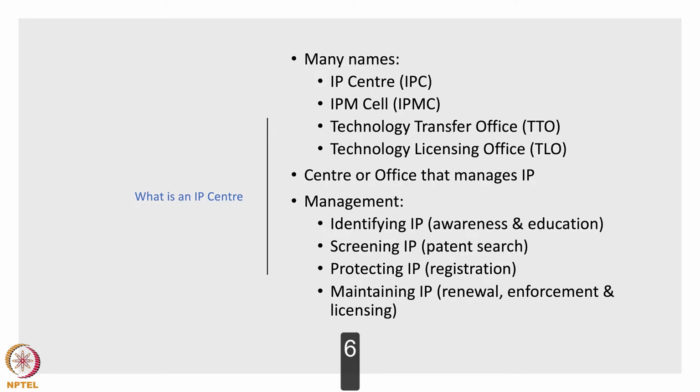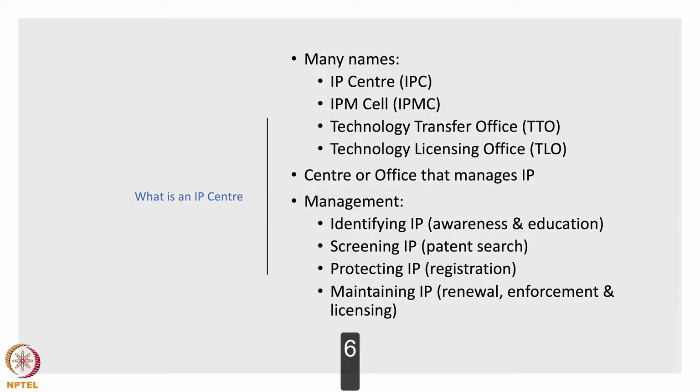Management of intellectual property is a broad term. It includes many things like identifying intellectual property, screening intellectual property, protecting intellectual property, maintaining IP as well. These we will look at, the functions of an IP center, in greater detail.